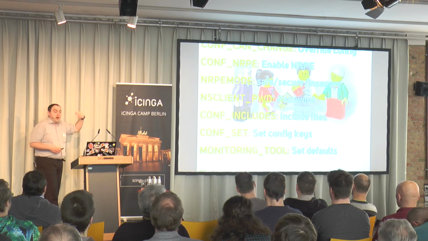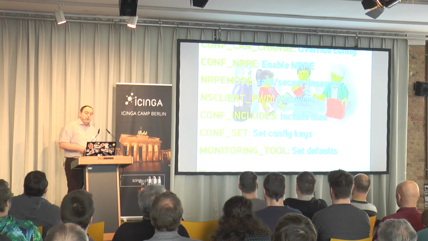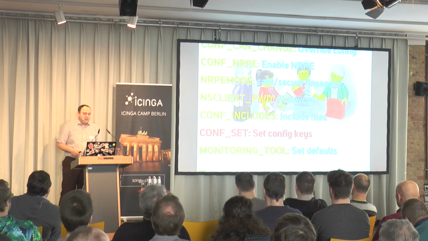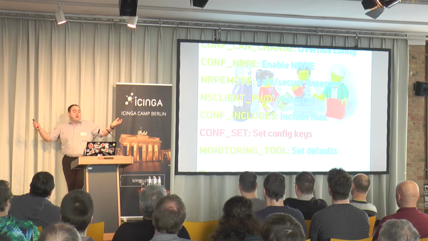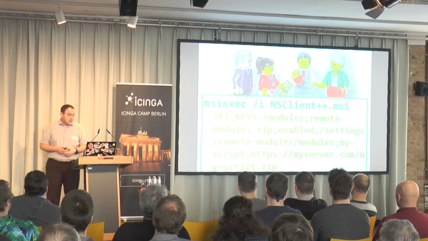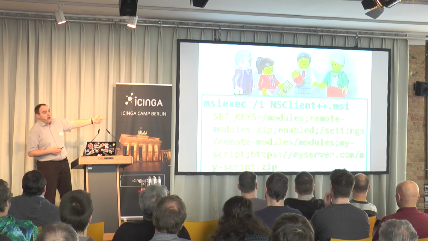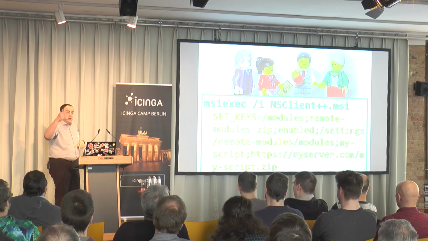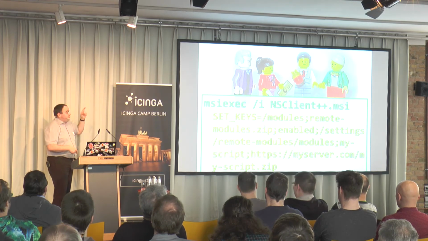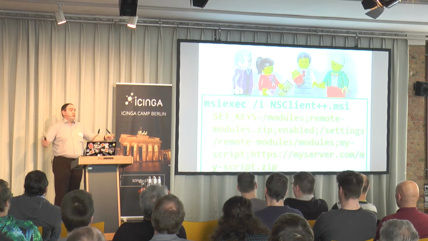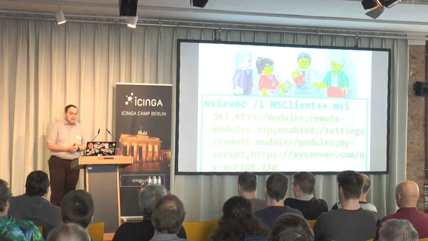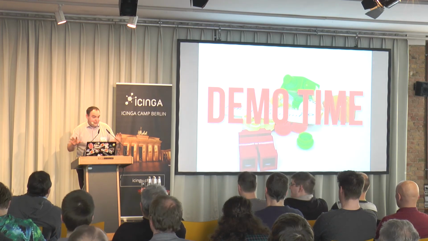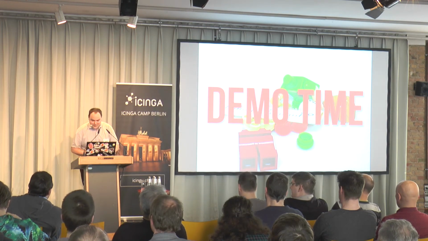You can tell it what your NSClient password is, what configuration you should include, what monitoring tool you have, and the interesting bit we want here is conf set, because that can set arbitrary configuration keys. So essentially, we can use that command to set the 2 configuration keys required to download your configuration for you. So if you run this command on your 5 Windows machines, everything should be taken care of for you. Awesome, right? So let's see if this works. And this is the scary bit, because this didn't work last time we tried it.